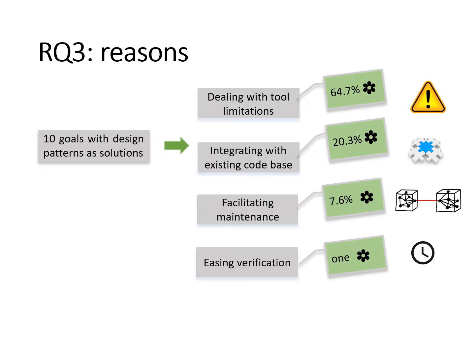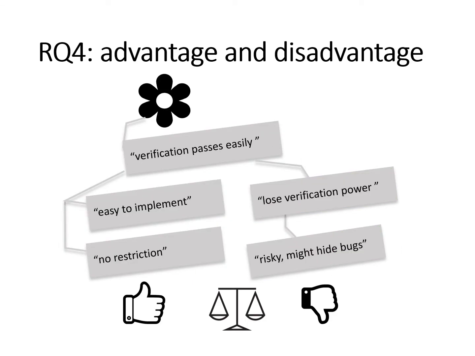So it seems that developers usually have a good reason to use flower models, but is this always perceived as a good practice? To understand this question better, we discussed the advantages and disadvantages of using flowers with our developers. All of them point out that it is very easy to implement such flower models, as it has no restriction on the order of the function calls, so the verification can pass very easily.